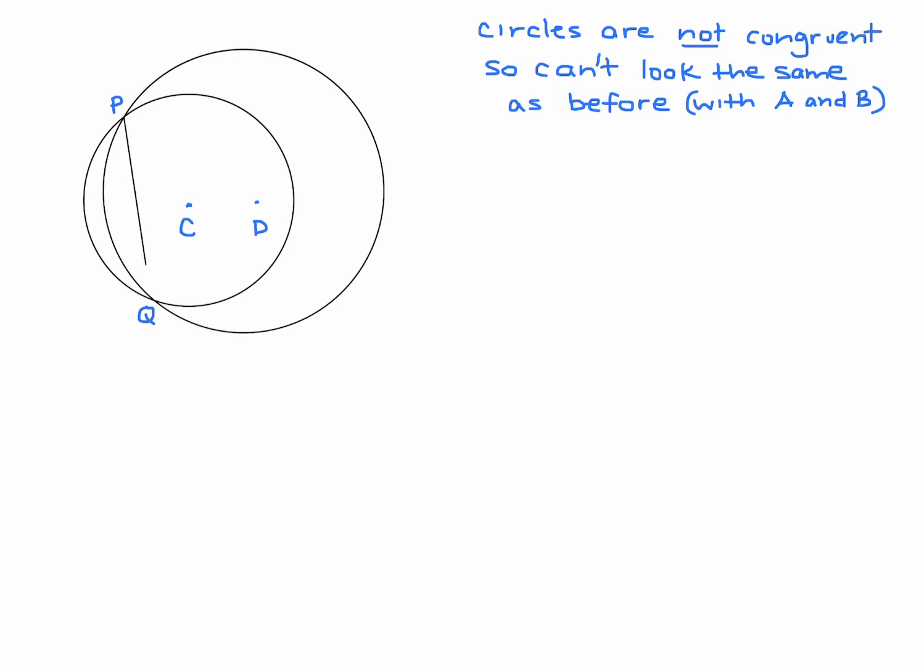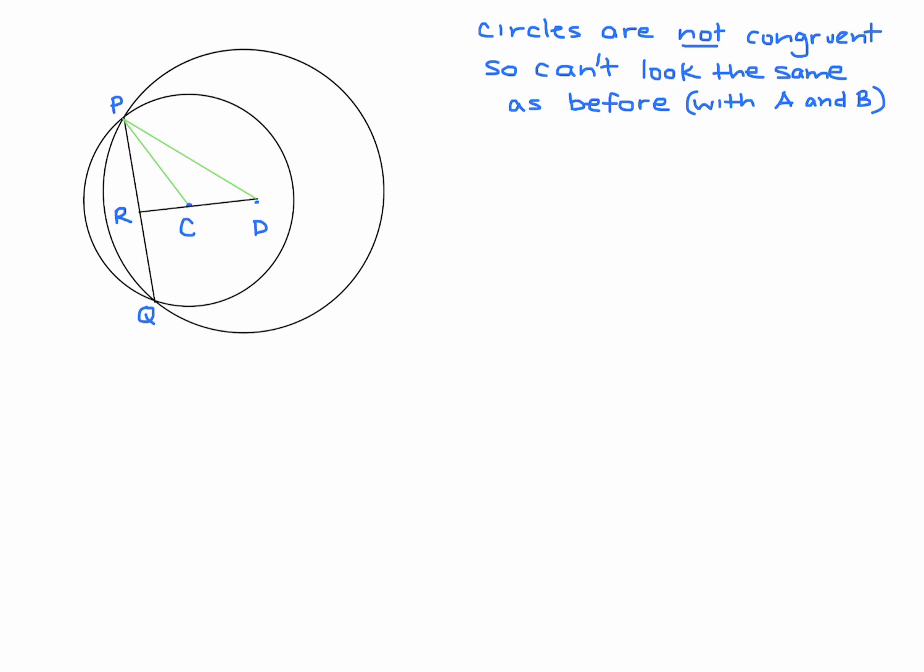Let's join P to Q like that. And therefore, we need to join now C to D and to that point, which of course is the midpoint, and that is R. Now, as before, let's draw our radii from C to P and from D to P. Okay, let's start labeling now.